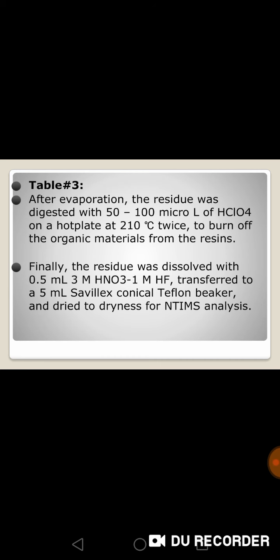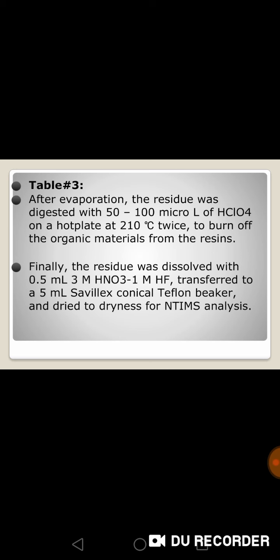So after table 2 we have the purified tungsten. In table 3 we are going to discuss that after the evaporation the residues were digested with 50 to 100 microliter of HClO4 on a hot plate.